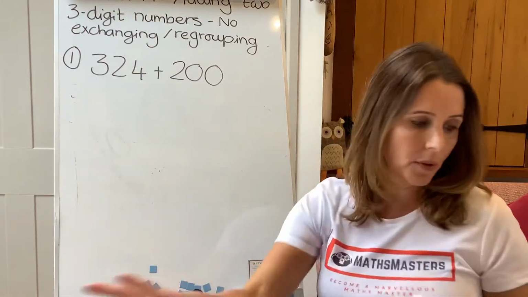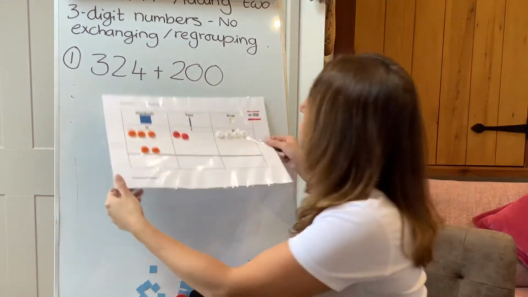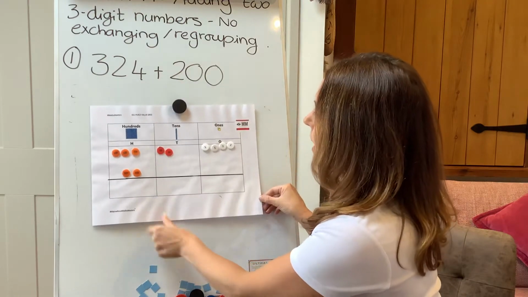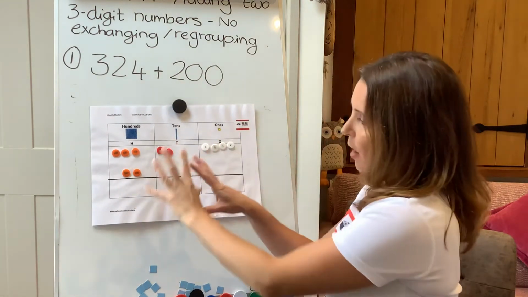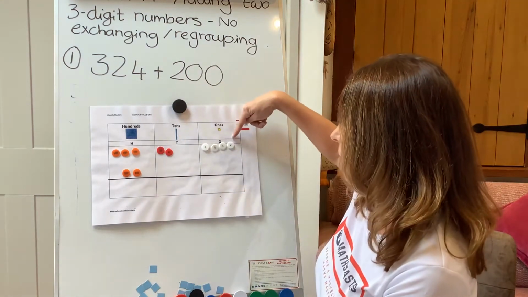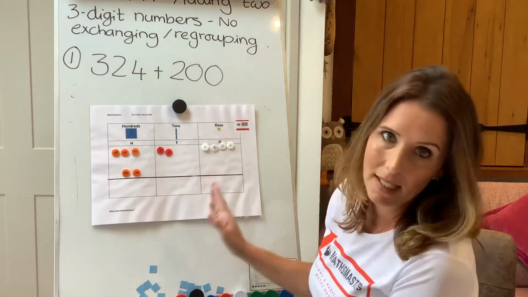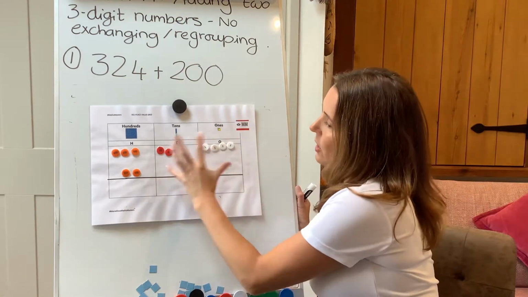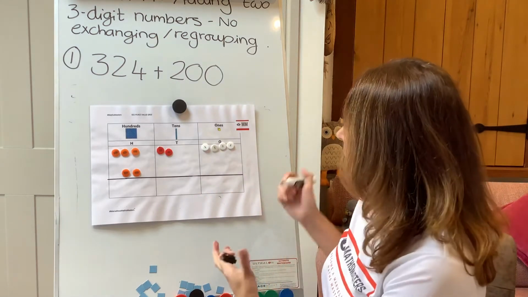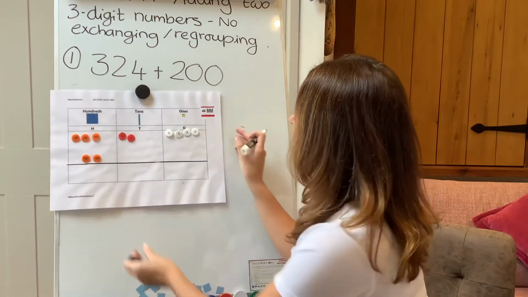Using a place value grid, we can use our place value counters or base 10. I've got 324 that I've partitioned into 3 hundreds, 2 tens and 4 ones, and I'm adding on 200. I can see really clearly that these columns are not going to change, because I'm not adding anything to them. So I can record the calculation at the side of it.